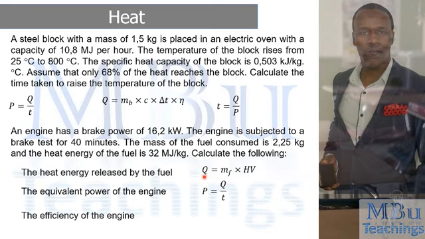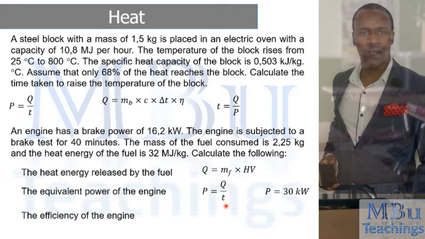So we'll use the formula for power, which is this one. We substitute for Q, and we substitute for time as well, because we have 40 minutes. So we'll say 40 times 60, because we have 60 seconds for each minute. So 40 times 60 will give us the time in seconds.